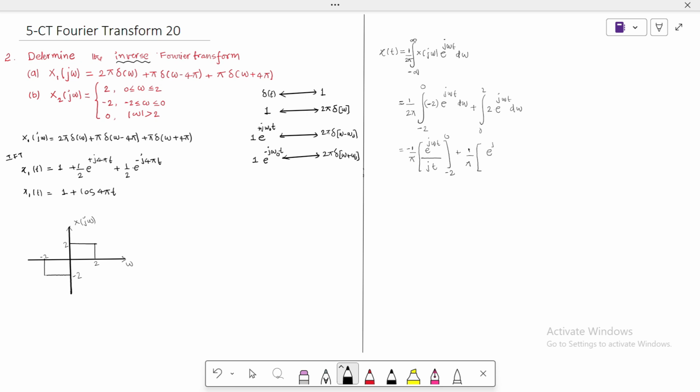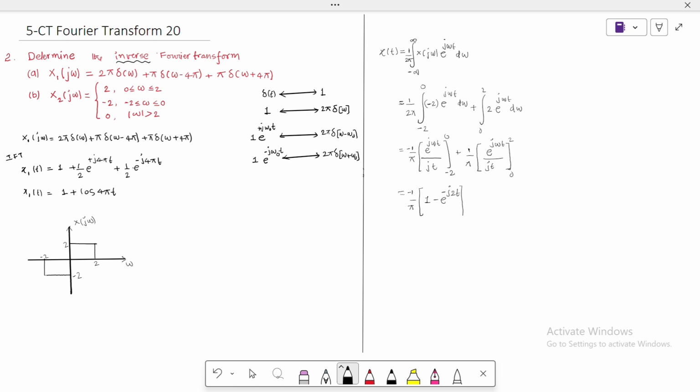So e power j omega t by j into t, from 0 to 2. So minus 1 by pi, e power j, so it goes to 1, and minus e power j. So these are the limits for the omega. So they're equal to 2t.